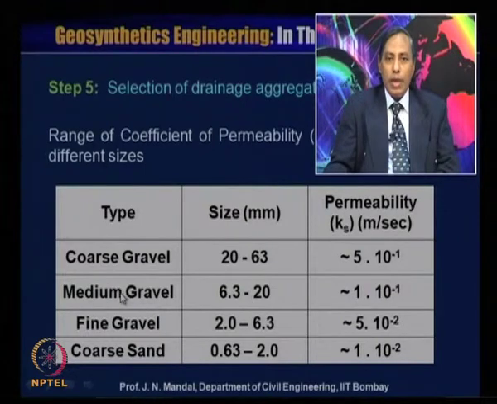For medium gravel of size 6.3 to 20 millimeter, it is 10 to the power minus 1 meter per second. For fine gravel of size 2 to 6.3 millimeter, permeability will be 5 into 10 to the power minus 2 meter per second. If it is coarse sand, the grain size is 0.63 to 2 millimeter, then permeability Ks will be 1 to 10 to the power minus 2 meter per second.